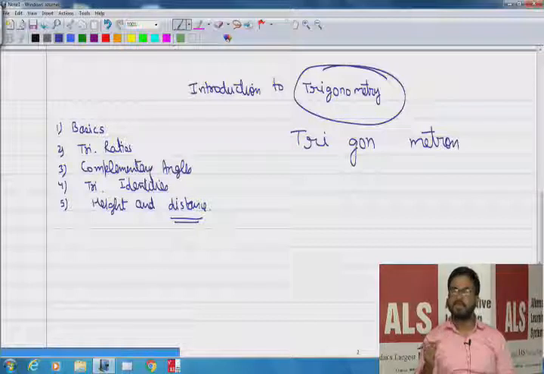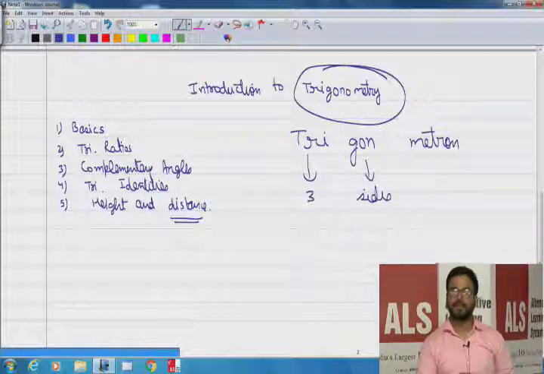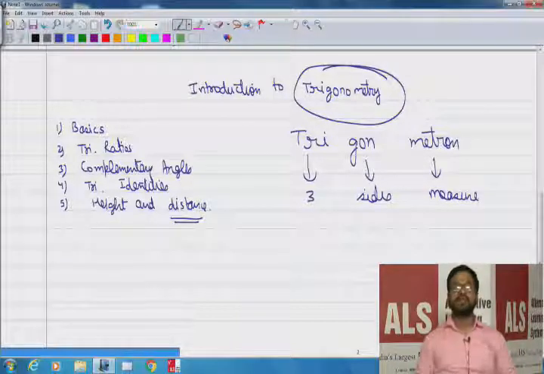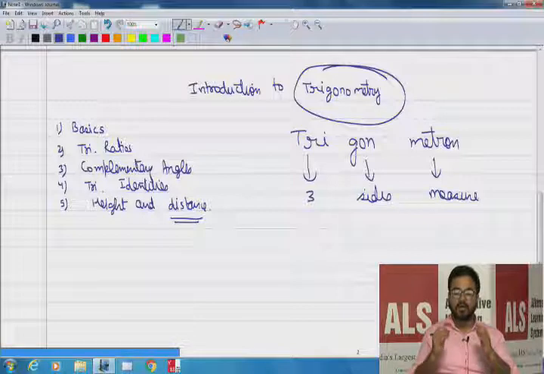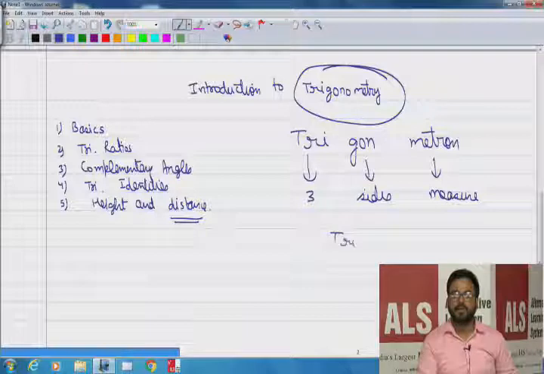The meaning of these three words is that tri, as you all know, means three, gon means sides, and the word metron in English means measure. So basically the meaning is three sides measure, or basically it is the subject in which we study the properties of a three-sided figure, and a three-sided figure is nothing but the triangle.